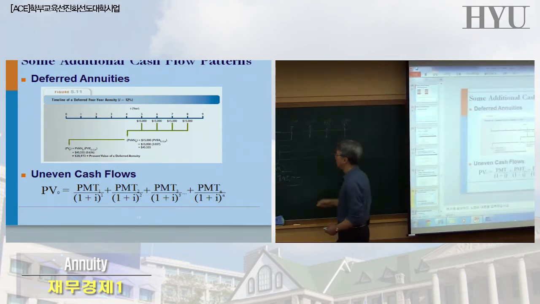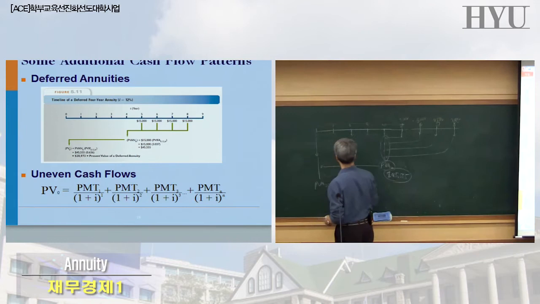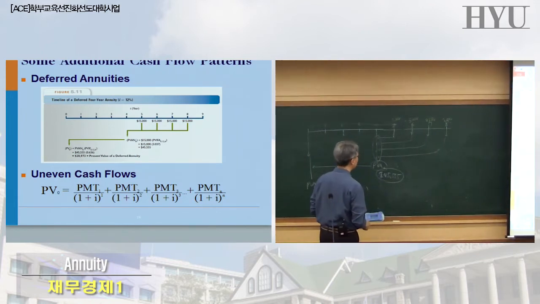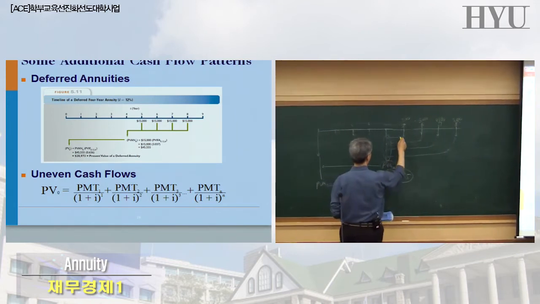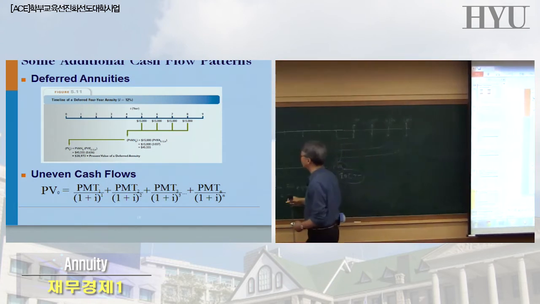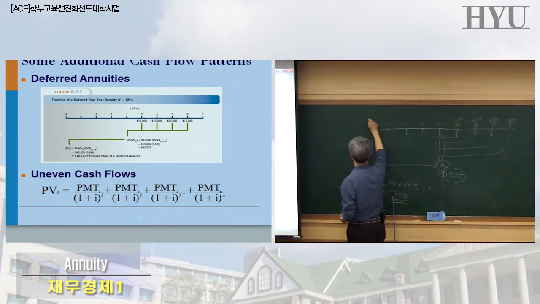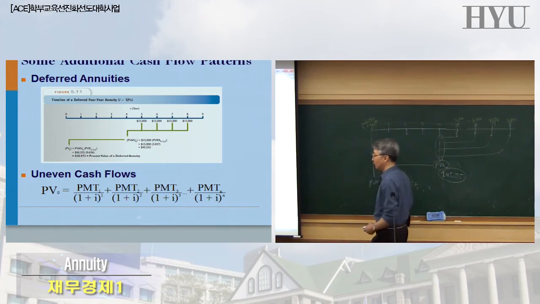Then how can we calculate the present value of this cash stream? Well, in this case, you can simply discount it for 5 years, 6 years, 7 years. So the first present value is going to be 2,000 divided by (1 plus I) to the power of 5.